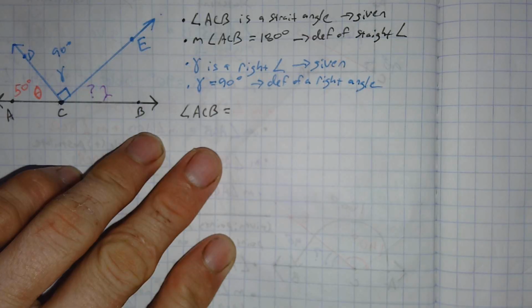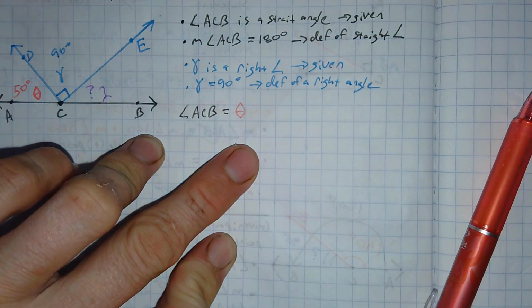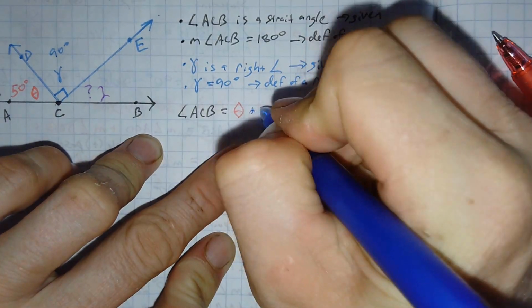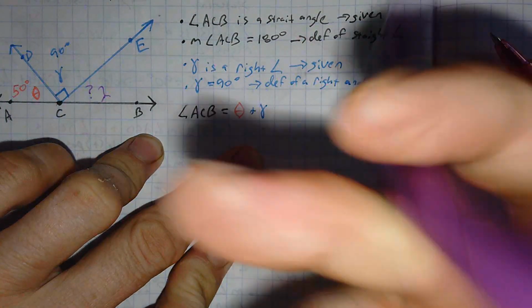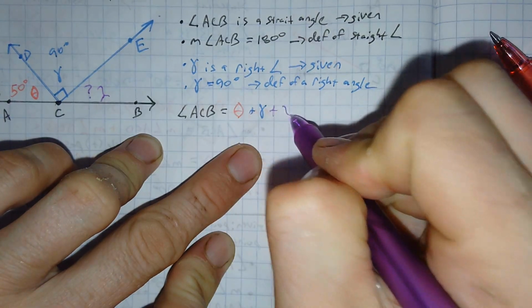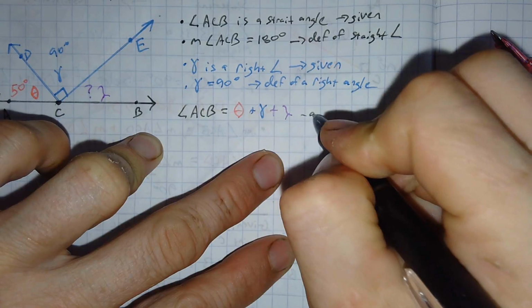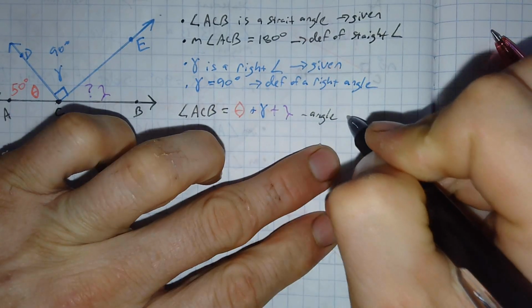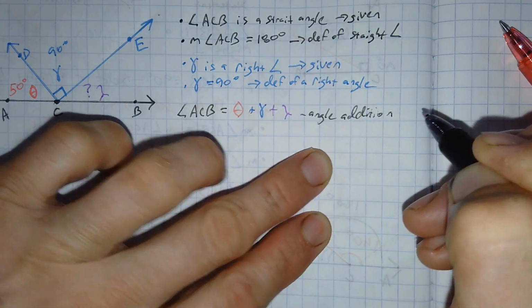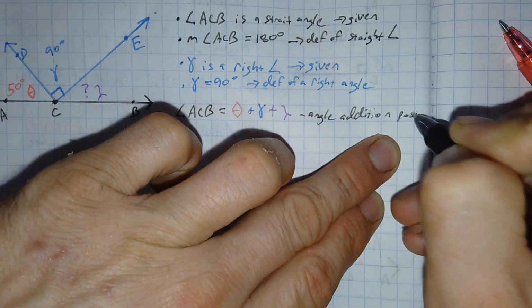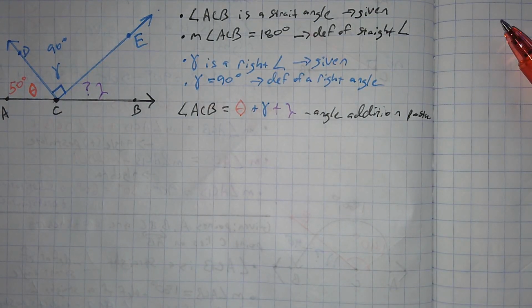Equals theta plus gamma plus lambda. And why can I say that? Well, it's the angle addition postulate.